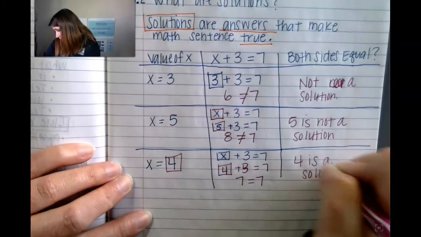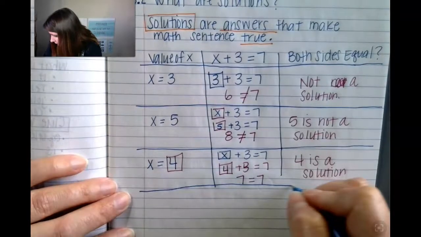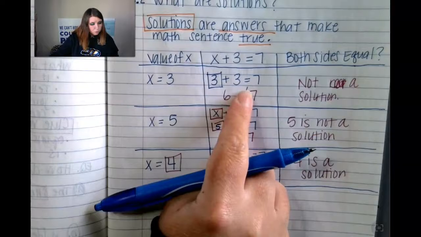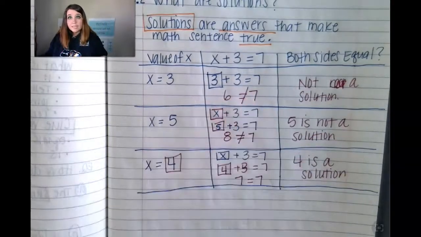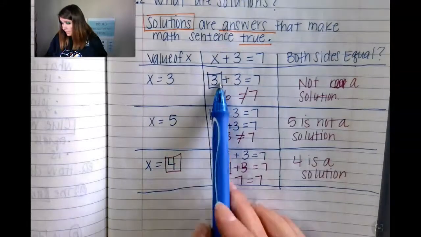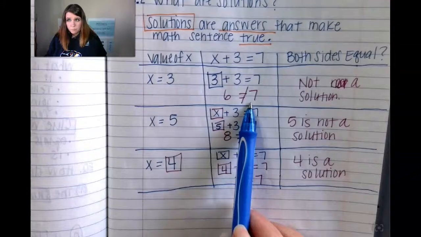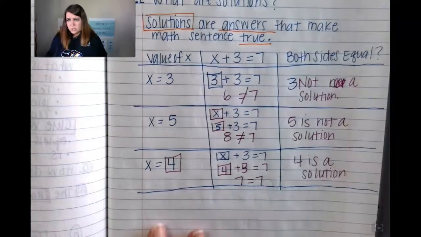It is all about checking out solutions, and making sure that this equal sign really, truly does mean equal. If it doesn't mean equal, then it's lying. Okay? So up here, this was a lie. This was false. Not true. 3 is not a solution.